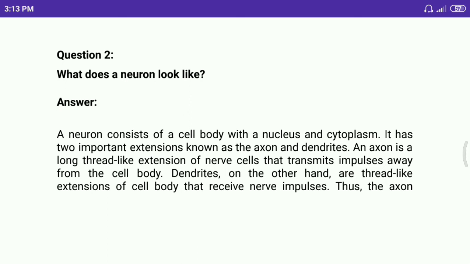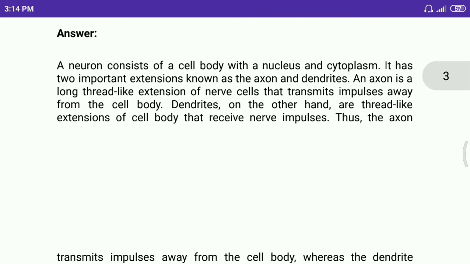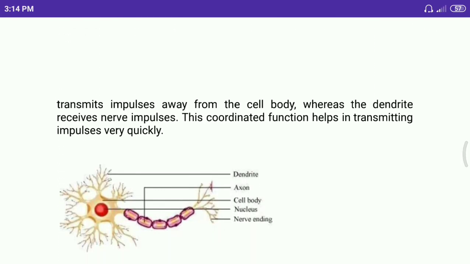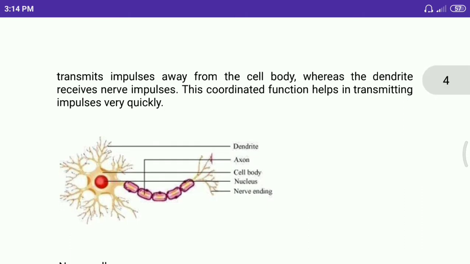Dendrites, on the other hand, are short thread-like extensions of the cell body that receive nerve impulses. Thus, the axon transmits impulses away from the cell body, while the dendrites receive them.